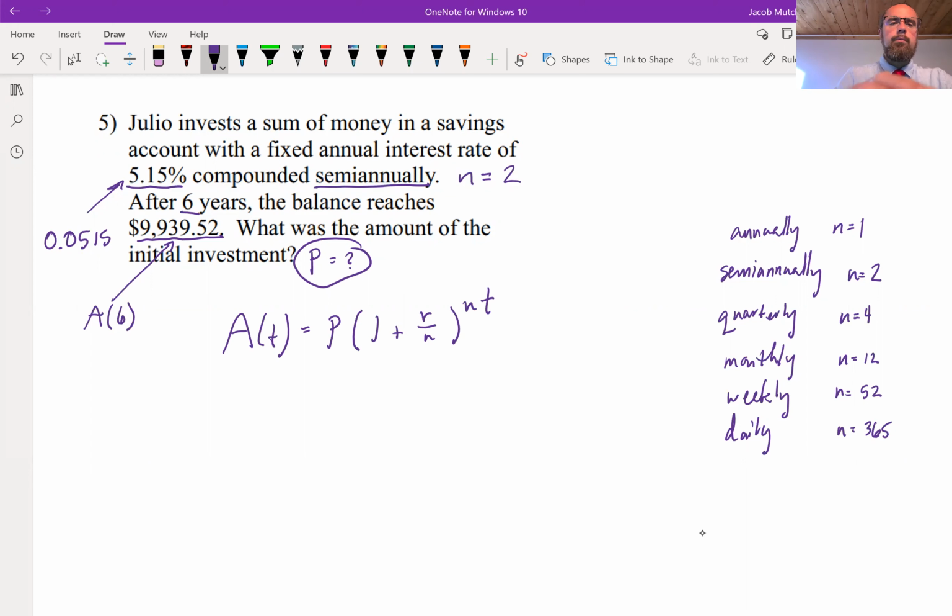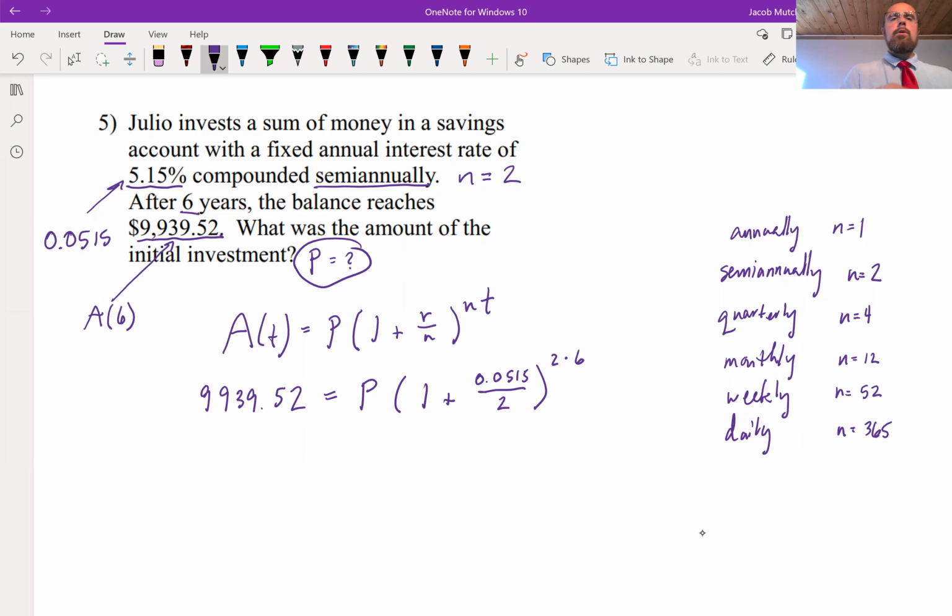A of t we saw was $9,939.52. So notice we're able to plug that in on the far left side. Principal, I don't know. The rate we had converted over to the decimal 0.0515 divided by n value of 2 to the power of 2 times 6 years.